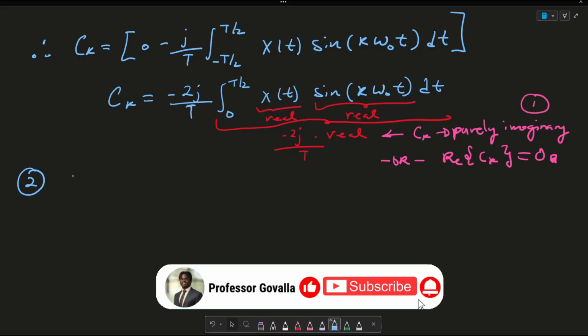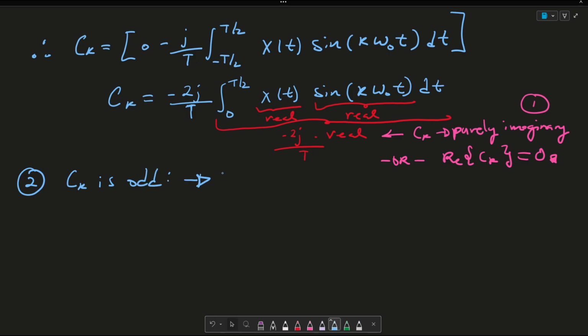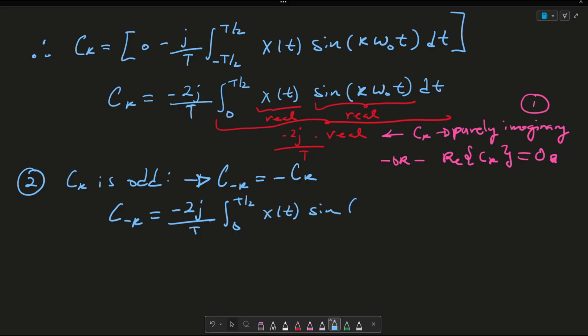So the second proof says that ck is odd. And in order for ck to be odd, we have to prove that c of minus k has to equate to minus ck. And essentially all we have to do is say that c of minus k is equal to minus 2j over T integrated from 0 to T over 2 of x of t sine of minus k omega naught t dt.